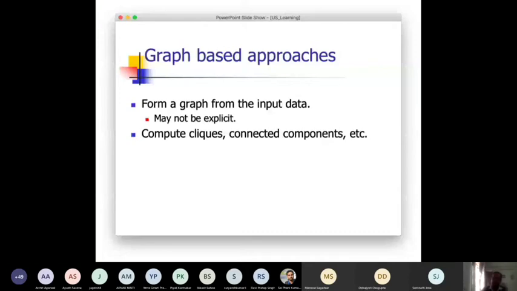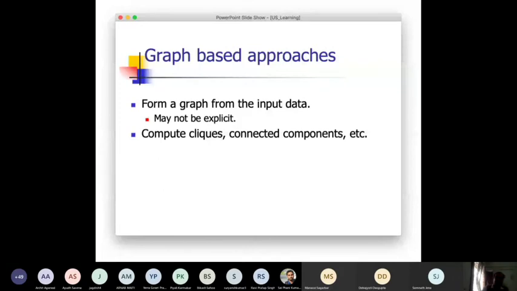So it's a very simple naive representation, and sometimes this may not need to be explicit. It could be an underlying representation. So if I give you this graph, then for the clustering, what is of our interest is that we would like to find cliques or connected components.